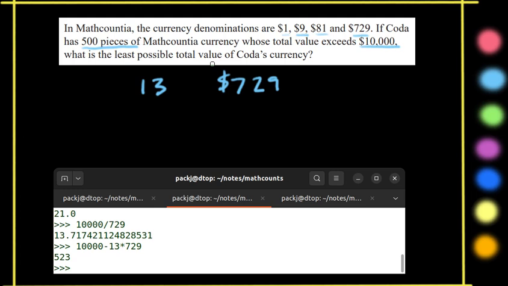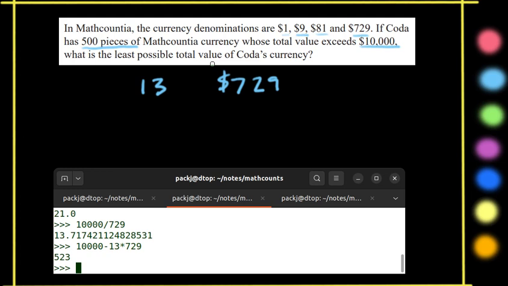If we use 13 $729 bills and then we use 523 $1 bills, we'll have exactly $10,000, but we'll have too many pieces of currency. So maybe what we need to do is trade in 9 of our $1 bills for a $9 bill, right? And that will keep the same amount of money, exactly 10,000, but it'll reduce the number of pieces of currency that we have. And in fact, it'll reduce it by 8 every time we do that.